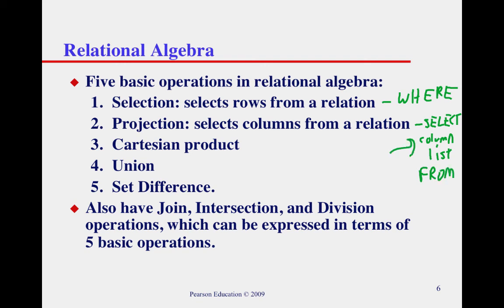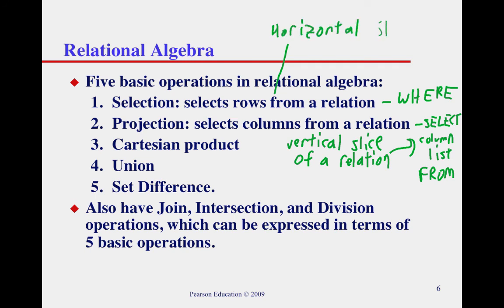It's a vertical slice. So the projection is a vertical slice of a relation, and a selection is a horizontal slice of a relation.